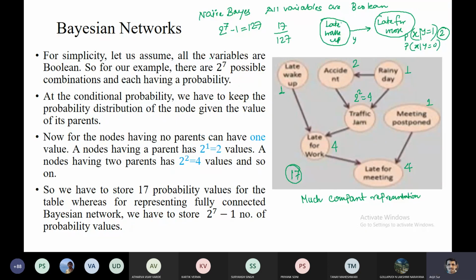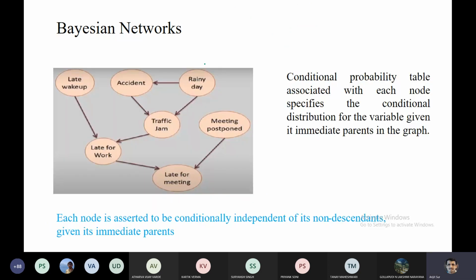Now you see how the Bayesian network is going to help. In this Bayesian network, there is one CPT, conditional probability table, for each node. It specifies the conditional distribution for the variable given its immediate parents in the graph.